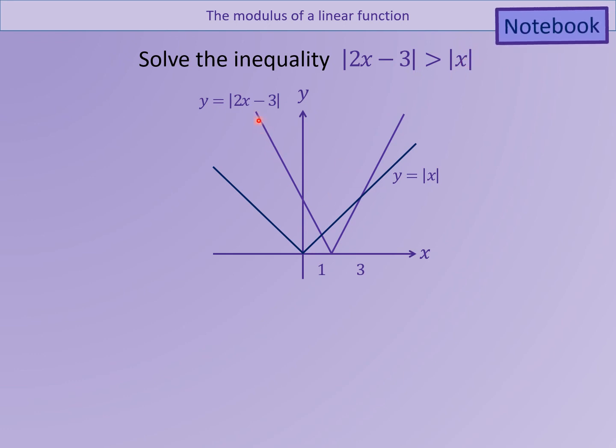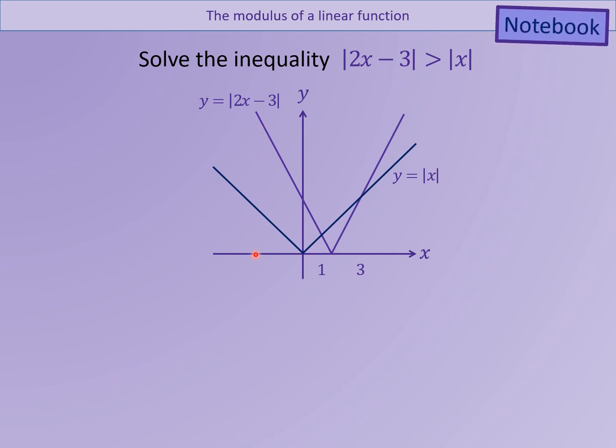So at certain points, it's definitely bigger than it. Look here, for example, this x value here, which let's say is -2. At -2, the mod x graph is down here at quite a small value, whereas the mod 2x minus 3, excuse me, has a higher y value. That is definitely bigger, greater than that graph at that point.